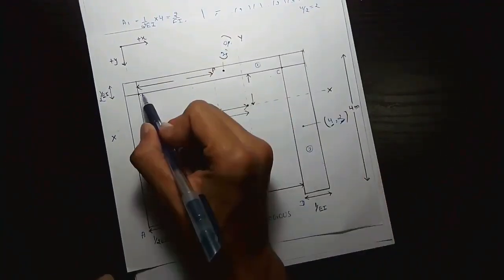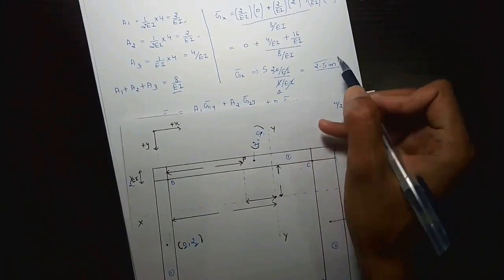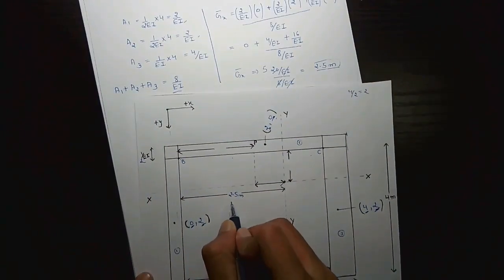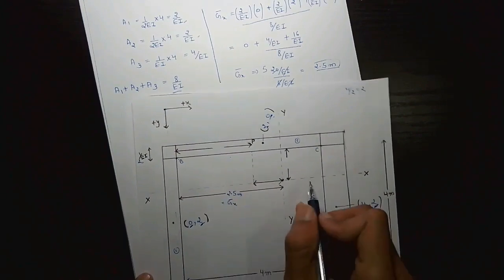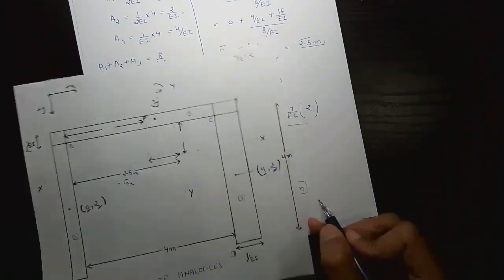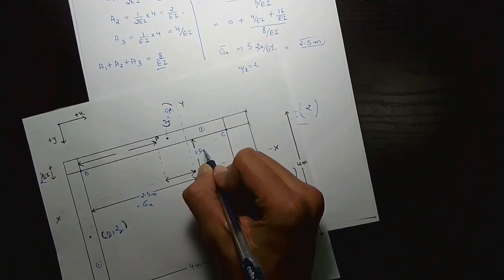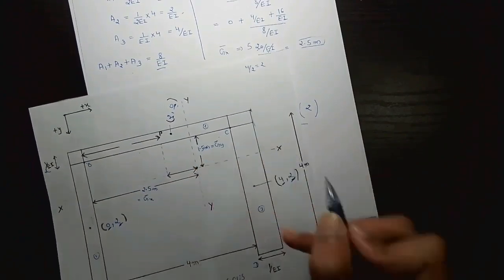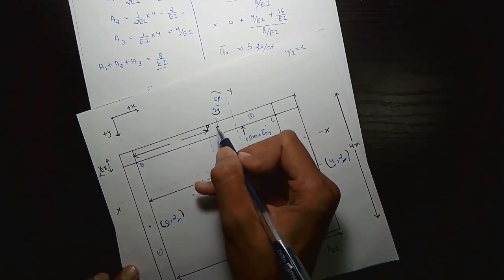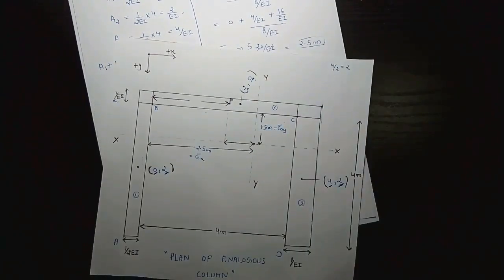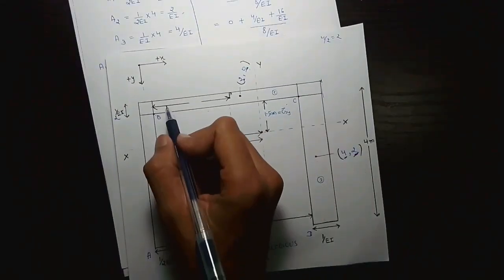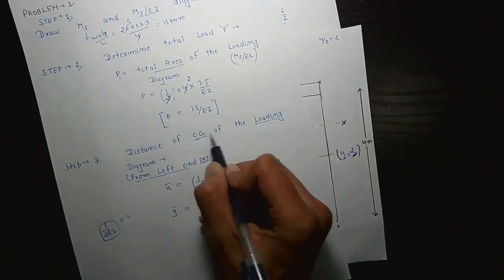From B, 2.5 meter in x direction is Gx bar, and 1.5 meter from B is Gy bar. And the distance of CG for the loading diagram, which we already determined, is 5 by 3 meter from B, equal to x bar.